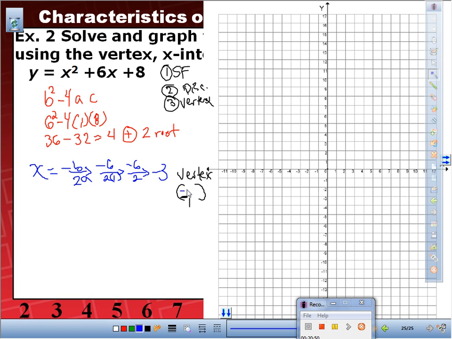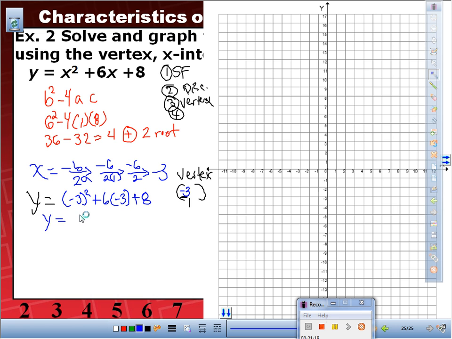That's my x value. So how do we find my y value? Substitute into the original. So I get my original, and that's step 4, to find my y value of the vertex. I get y equals, but instead of x, I'm going to write negative 3, squared, plus 6 times negative 3 plus 8.